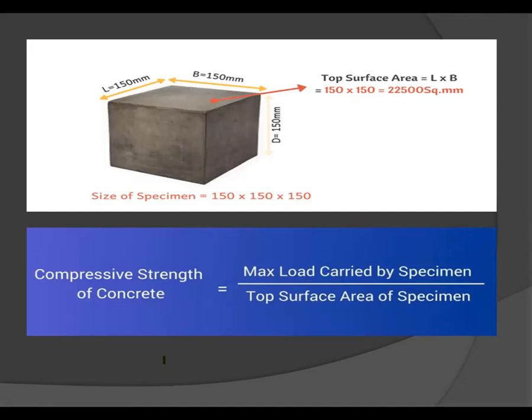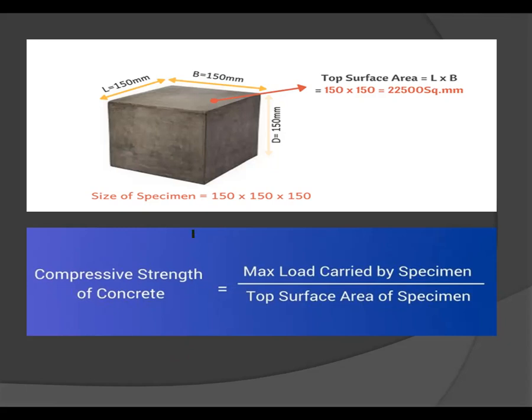The compressive strength of the specimen can be calculated by dividing the maximum load carried by the specimen by the cross-sectional area of the specimen cube. So the formula is: compressive strength of concrete is equal to the maximum load carried by the specimen divided by the top surface area of the specimen.